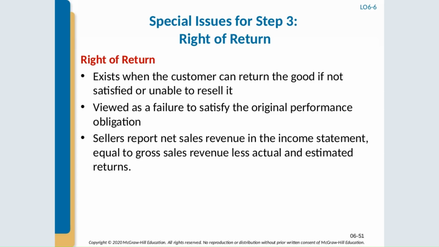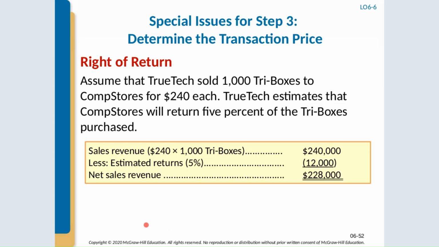So exactly how do sellers deal with this? They're going to have to estimate the percentage of returns based on the amount that they sold of that product. So it's kind of like the bad debt expense, if you recall, where we had to estimate the amounts that will be uncollected from making sales on credit.